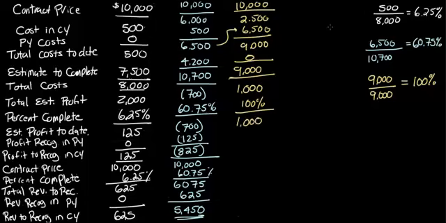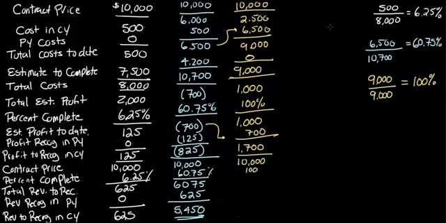Okay, we need to subtract out our estimated profits recognized to date of $700. And so that's going to then give us profit to recognize in the current year of $1,700.